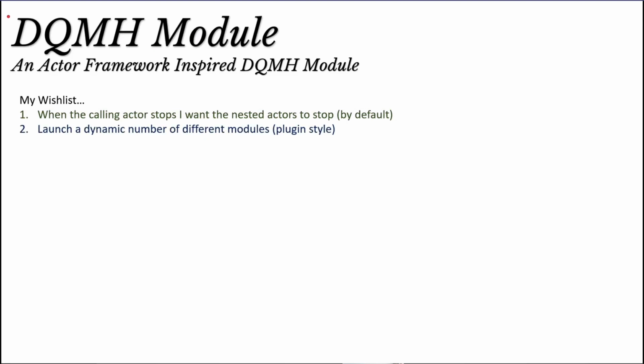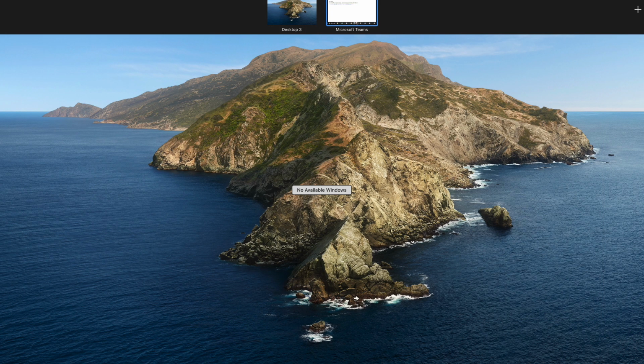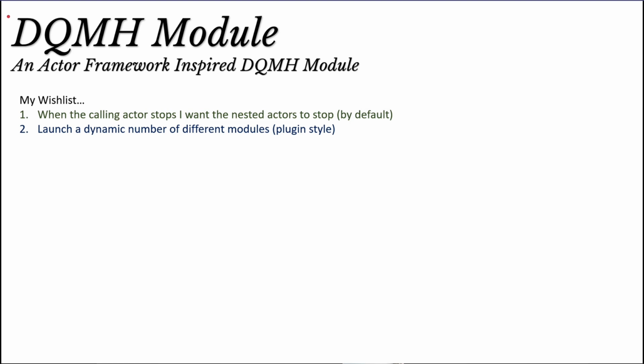Next, I want to be able to dynamically launch n number of modules. Because in DQMH you can launch a static number of modules, because all of those messages need to be registered. However, in Actor Framework, so long as something inherits from the actor class, you can launch it.